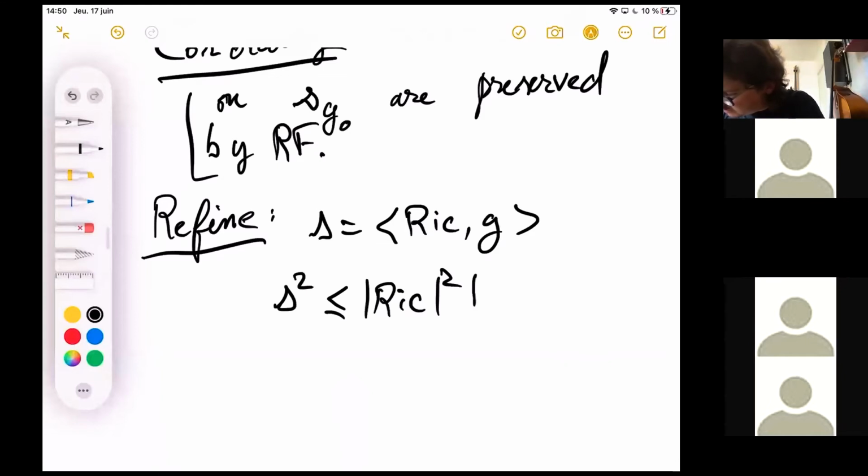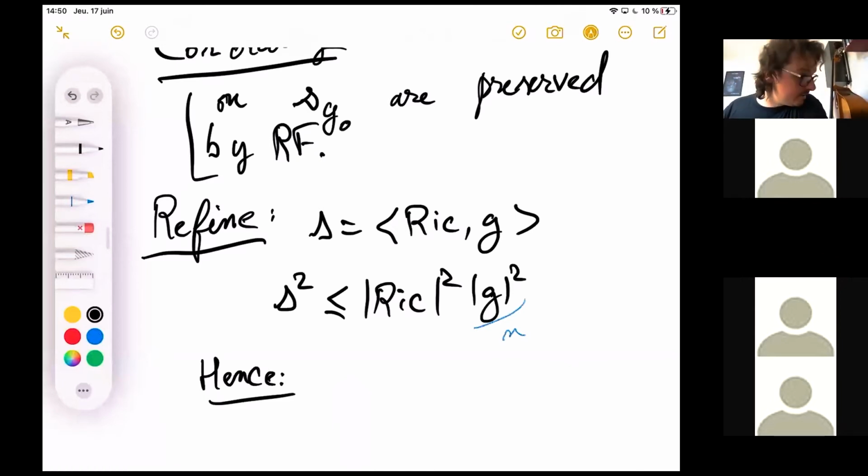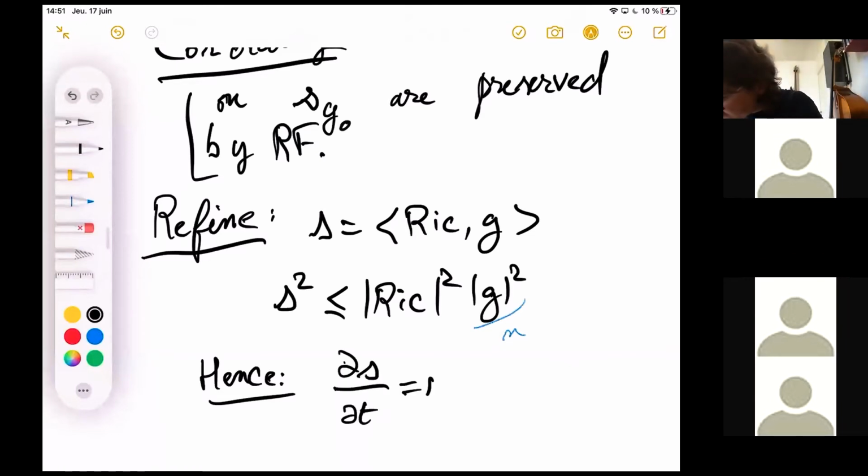The norm of g squared is a trace, so this will be n, hence what that tells us is that now I can use that to show... this is not equal, sorry.